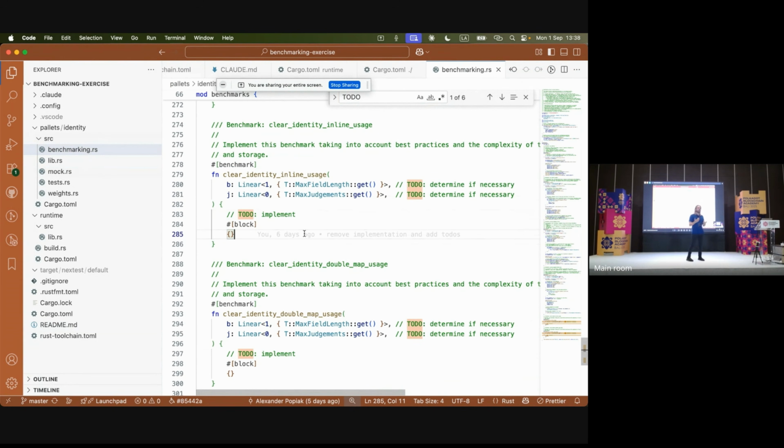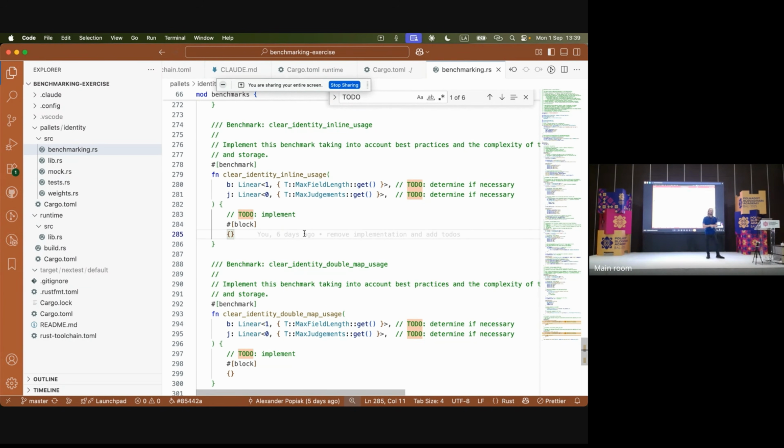That's why we have two benchmarks, inline and double map, because I decided to adjust the implementation of the pallet slightly to something that you wouldn't have in production because it has two alternative versions. So we will look at two alternative versions of how the registrars, the identity judges, could provide those judgments.